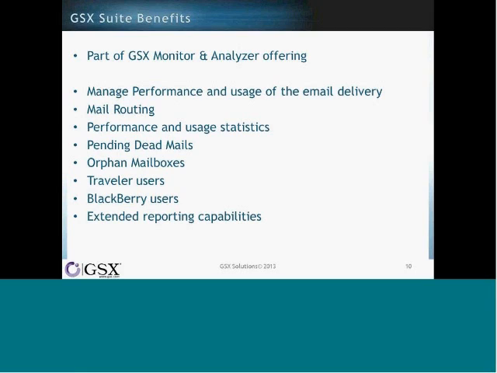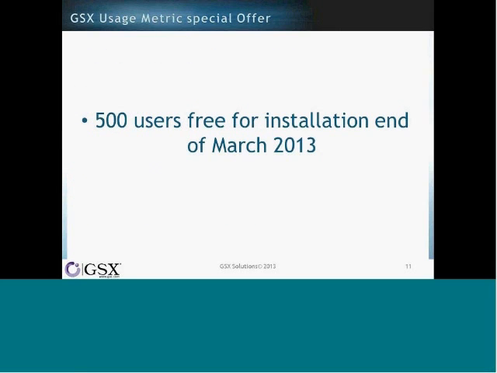You have the easy report and alert on the quota of all your mailboxes. You have the detection of orphan mailbox, of course, in GSX Monitor. And you have the features for BlackBerry, you have the features for Traveler, and so on. So the suite GSX Monitor and Analyzer and Usage Metric is really dealing with a lot of challenges that you have to face.